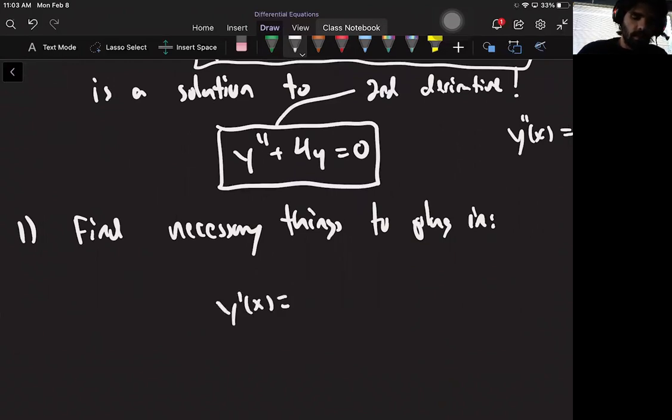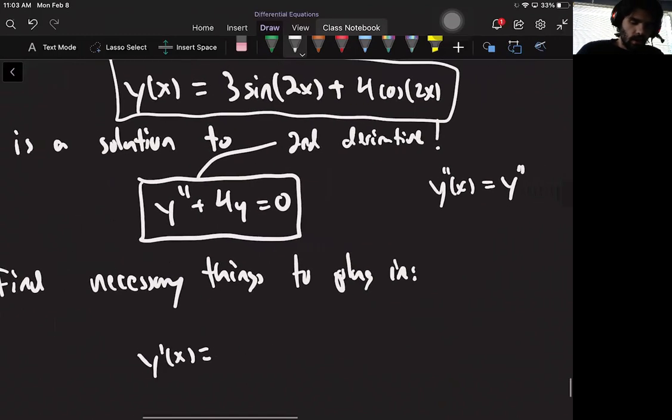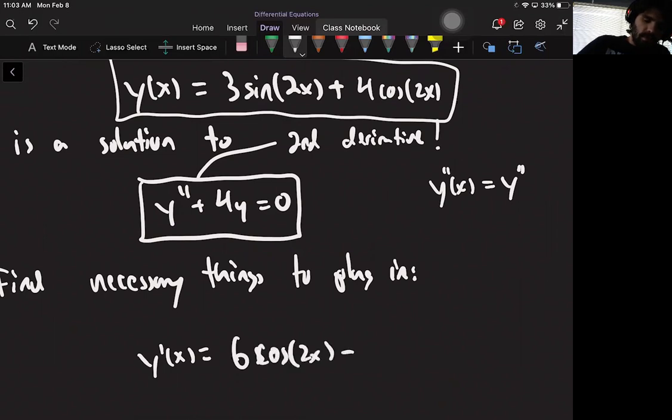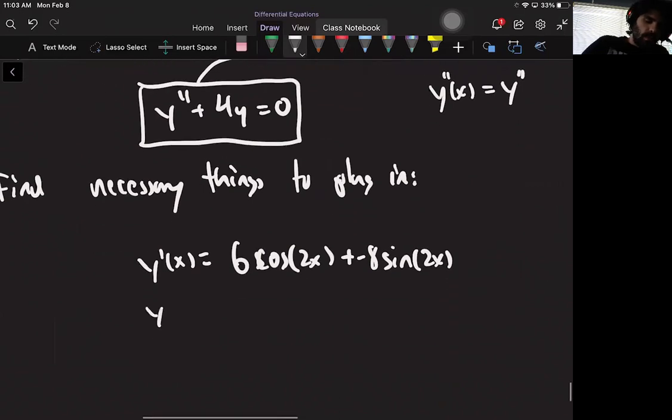Well, we've got to remember our derivatives of trig functions. I am not going to spend too much time reviewing this kind of stuff, so you do have to go remember it yourself. The derivative of cosine is negative sine. Use the chain rule. And then the second derivative, derivative of cosine is negative sine. Use the chain rule.